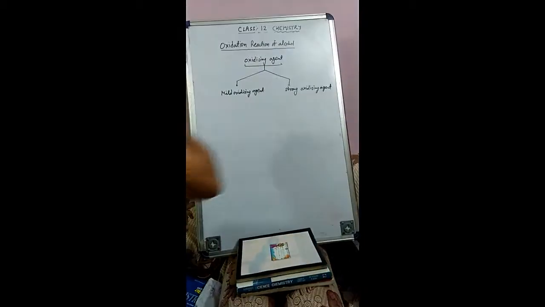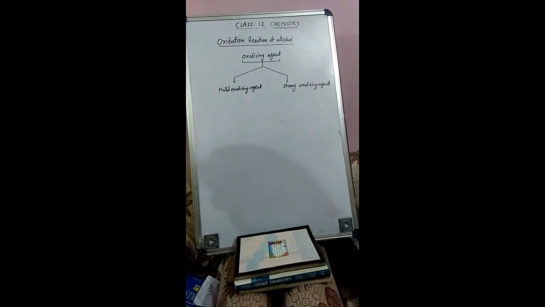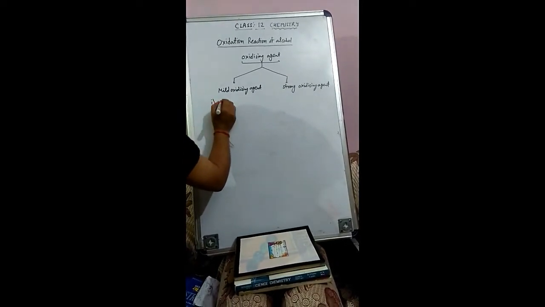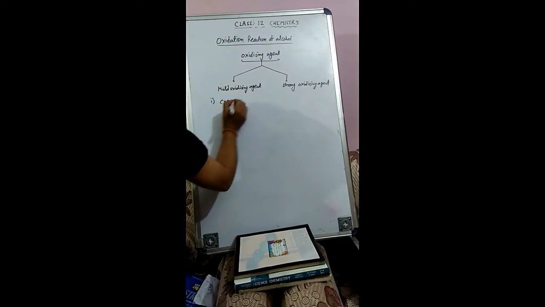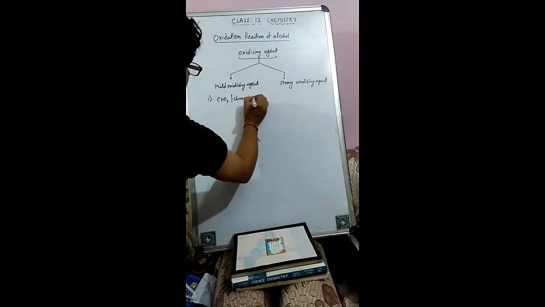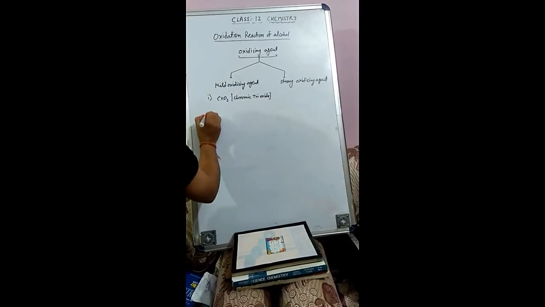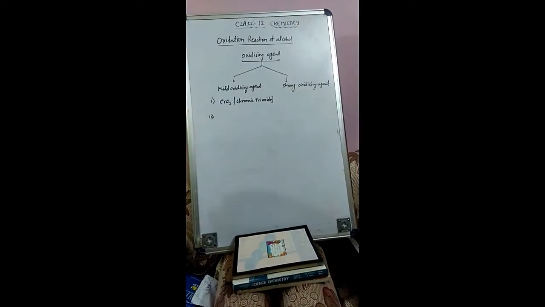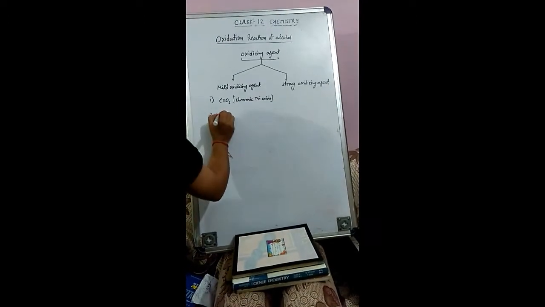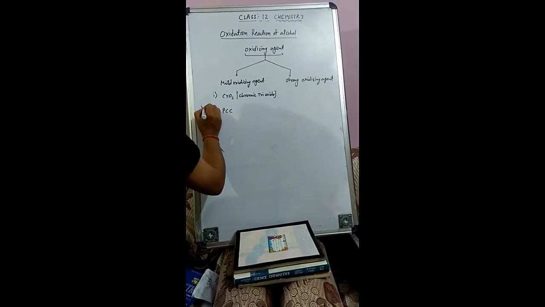If I discuss the mild oxidizing agents, the first is chromic trioxide, CrO3. The second is PCC, which is very important.